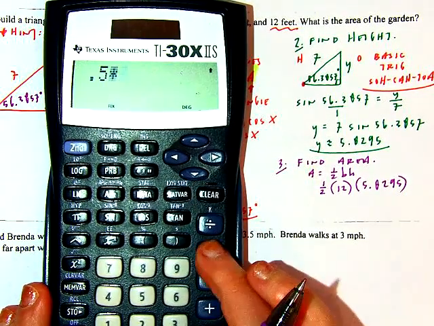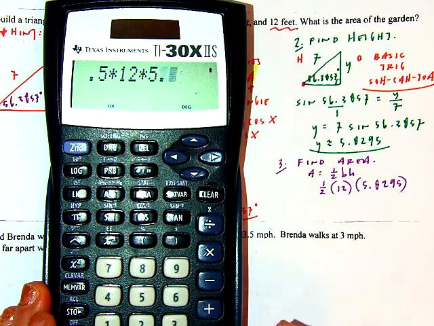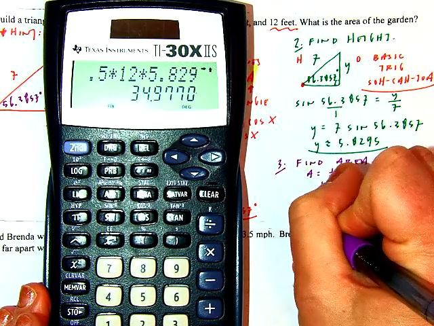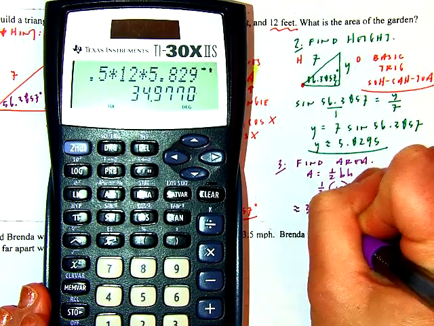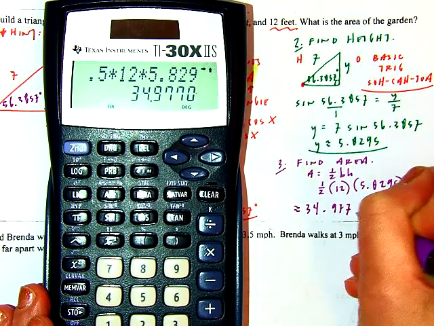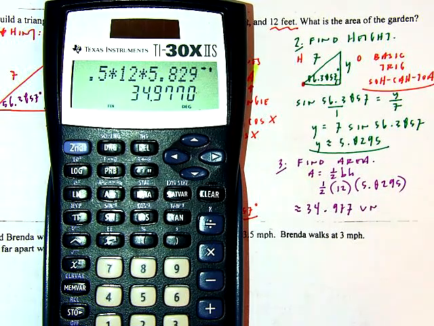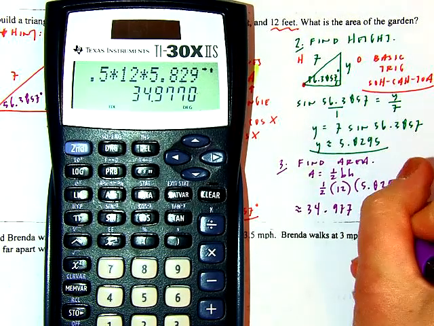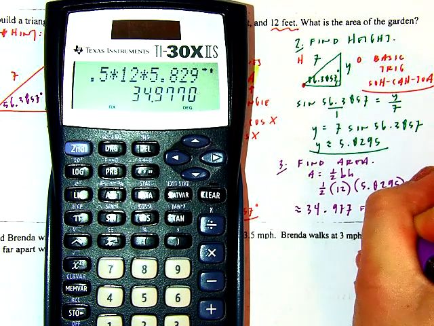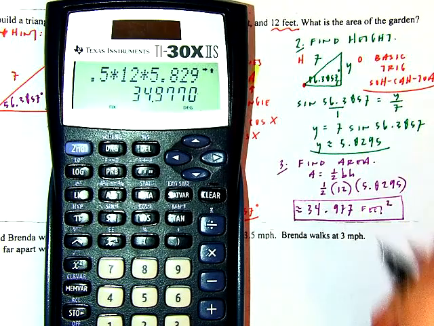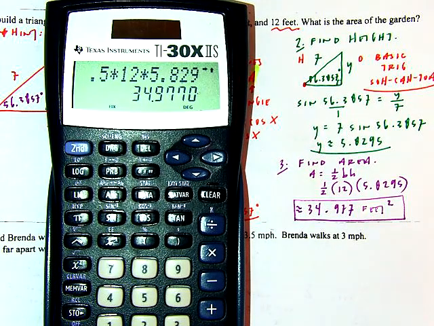So half of 12 times 5.8295 is going to get me an area, my final answer, there was a lot of work to get to it, of 34.977, and we're looking at square units. I actually told you the units were feet, so I will say square feet. Now in this problem, I was building off of all rounded intermediate steps to the nearest 4 decimal spots, the nearest 10,000th.